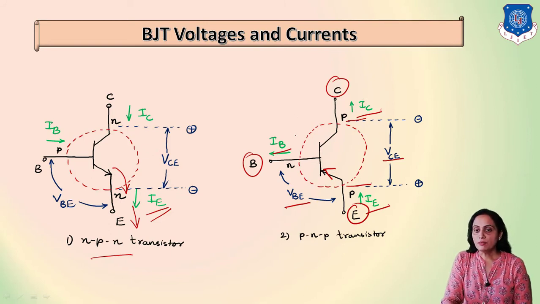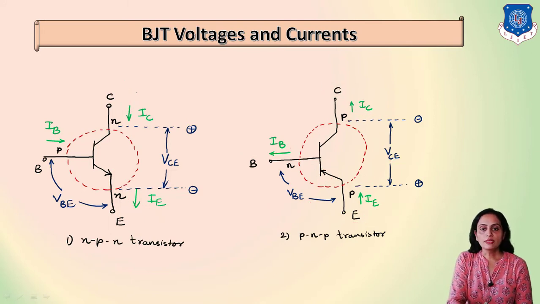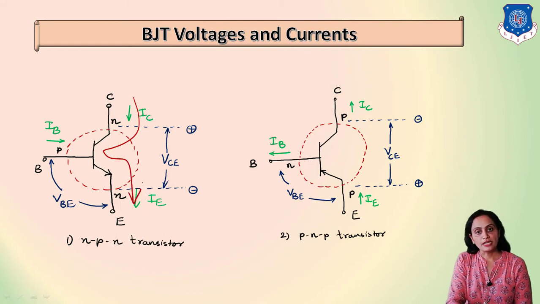And in the PNP transistor, the arrow is inside, that is why the emitter current is flowing inside. Similarly, as in the NPN transistor the current flows outside from the emitter terminal, the current flows inside through the collector terminal. So this is, in general, the flow of current in the NPN transistor.